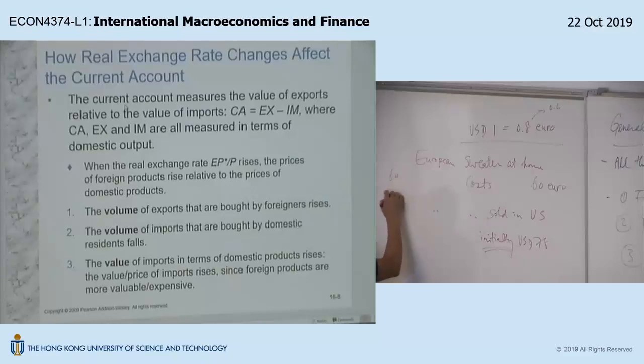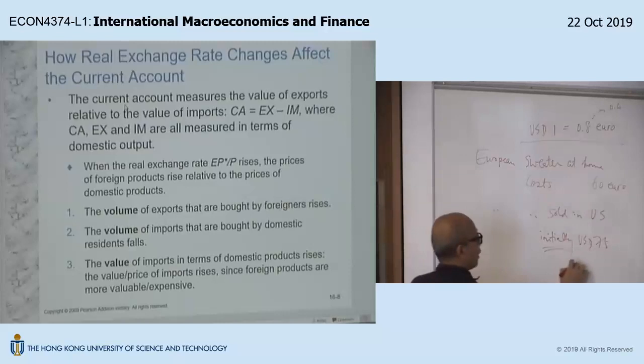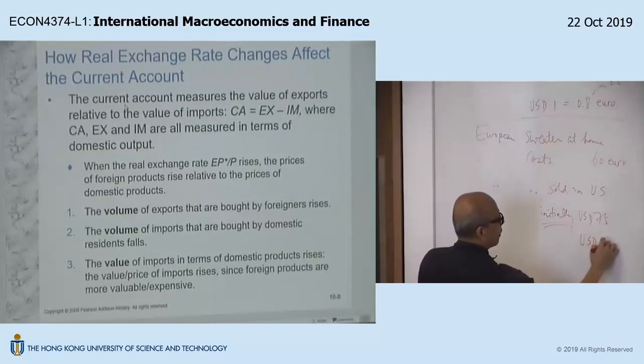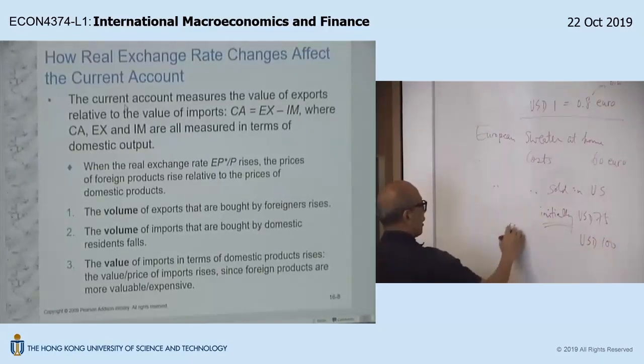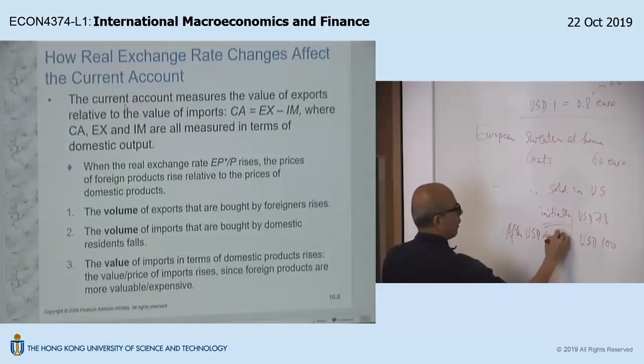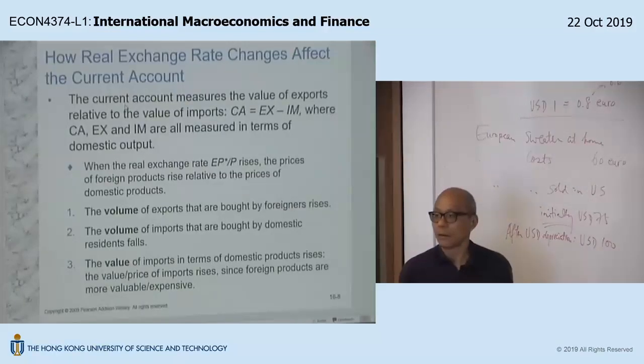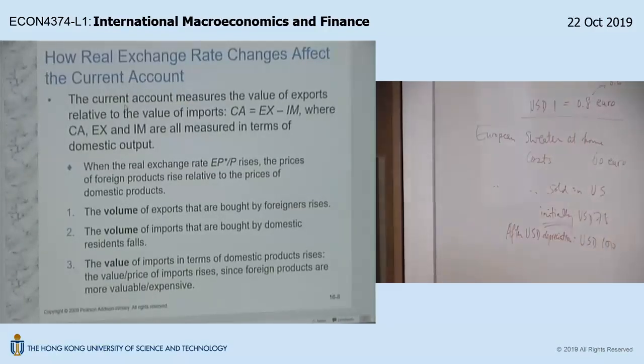So after the US dollar depreciation, it becomes $100 per sweater. So this is a price increase. We're still talking about the U.S., the home country. Okay, does that make sense?